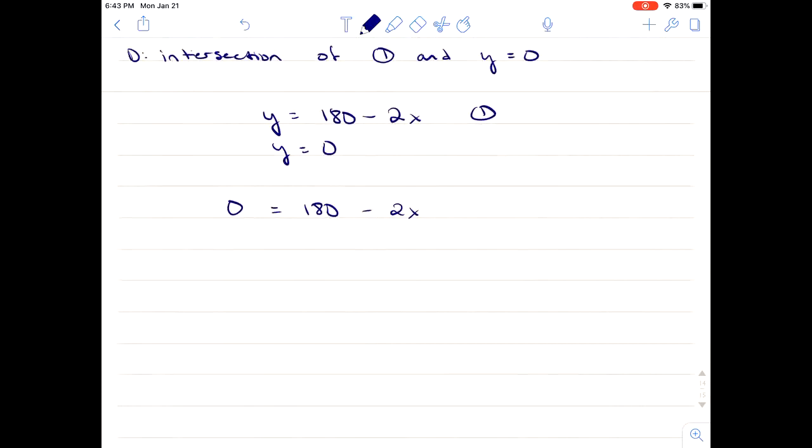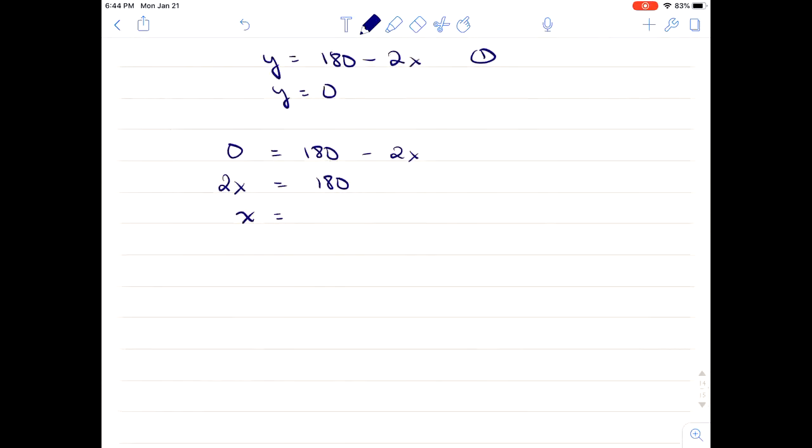That makes it positive. So now I have 2x is 180, because I'm trying to get x on its own. And so x must be 180 divided by 2. So x is 90.